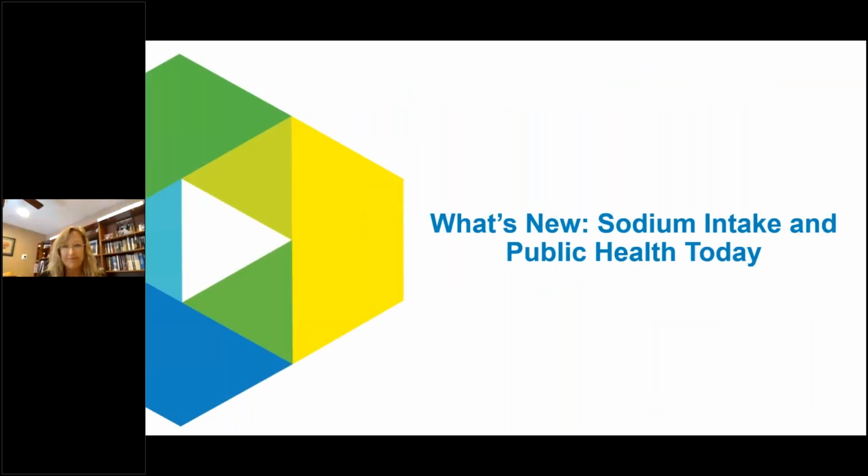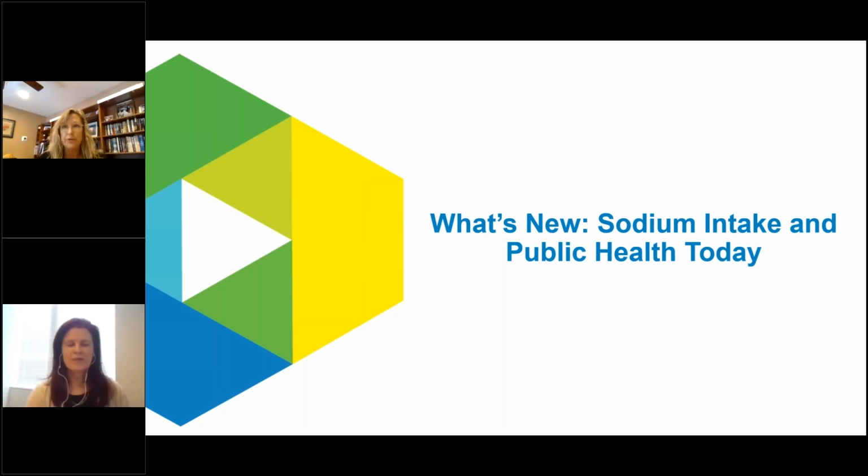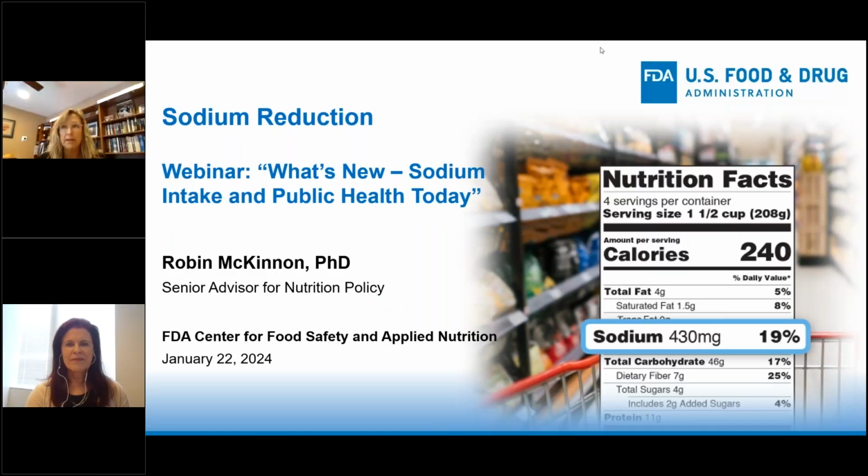So let's get started. Our first speaker today will be Dr. Robin McKinnon. Robin is a Senior Advisor for Nutrition Policy at the U.S. Food and Drug Administration, FDA Center for Food Safety and Applied Nutrition, or CFSAN. Dr. McKinnon works to advance FDA's nutrition policy initiatives across CFSAN, including those outlined in the White House National Strategy on Hunger, Nutrition, and Health.